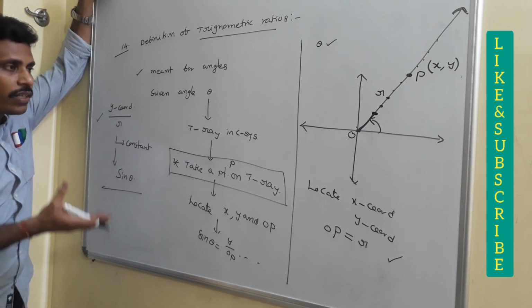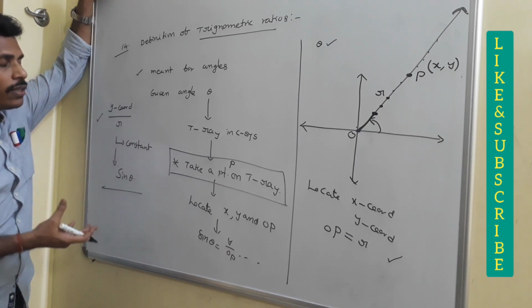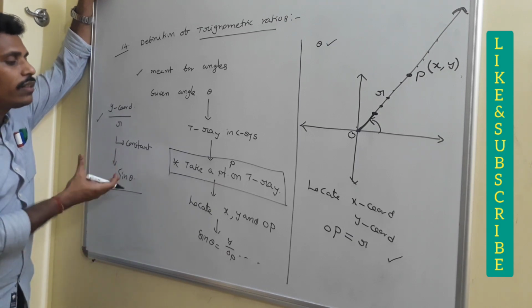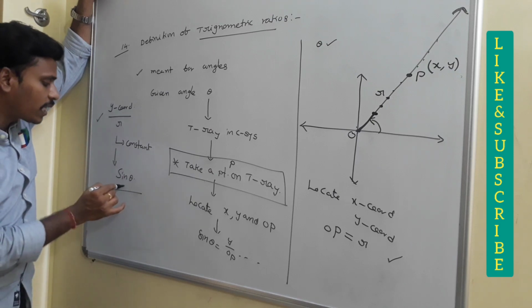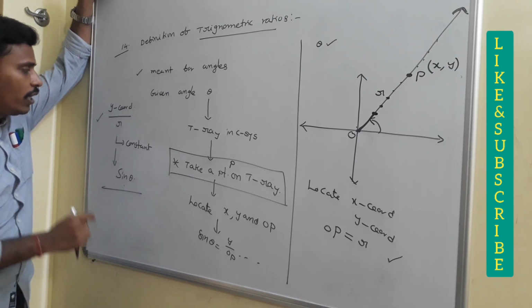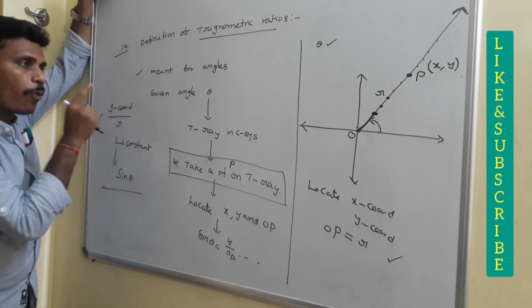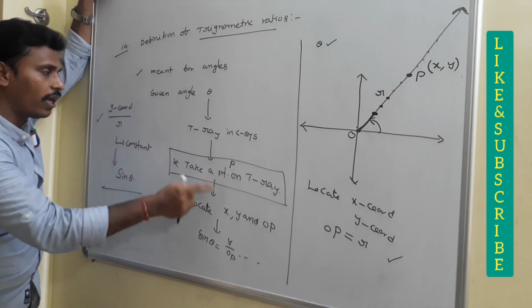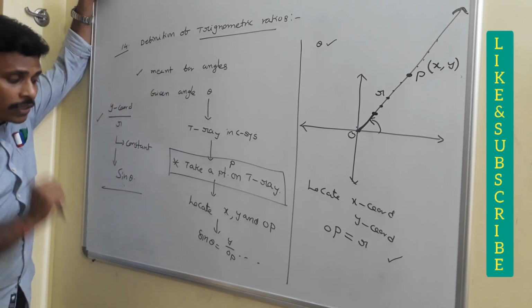Every theory starts with basic assumptions and definitions, right? So we need to start the theory of trigonometry with these basic assumptions and then definitions. And sin theta is the constant ratio between the y coordinate divided by the R value for a point P on the terminal ray corresponding to the given angle theta. Is it right? Once again I am repeating.